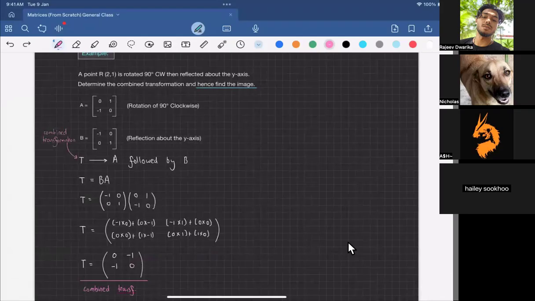So the first thing you're going to do, according to the question, is ask what we're doing to the point first. Are we rotating it or reflecting it? Rotating it. Right, so that is A. And then we're doing what? Reflecting it. And what is that, A or B?